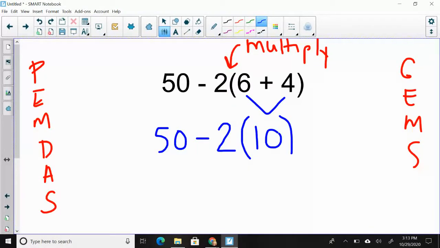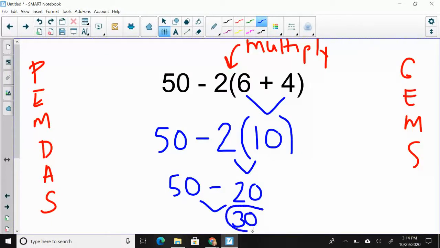So I'm keeping that 10 in parentheses. So now I have 50 minus 2 times 10. And so according to the order of operations, I need to multiply before I subtract that from 50. So 2 times 10 is 20, and 50 minus 20 is 30, and that is the solution to my expression.